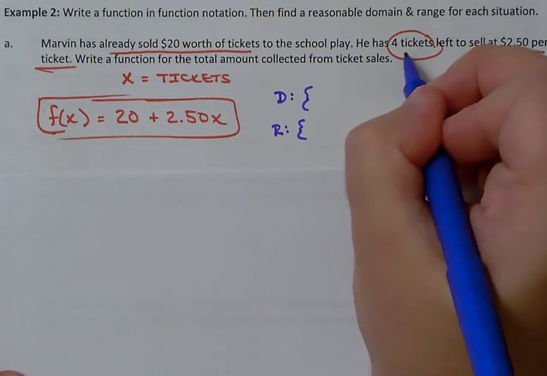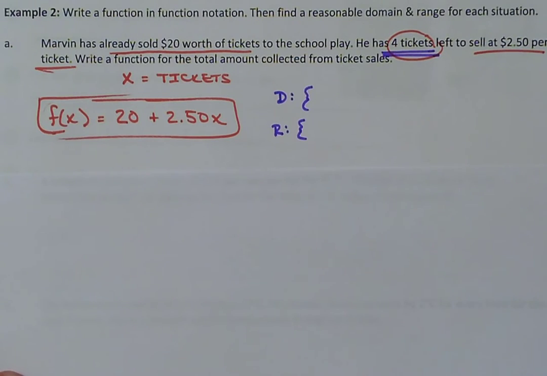Well, Marvin has 4 tickets left to sell. So what's a reasonable number of tickets that he can sell? He could sell all 4 tickets. Could he also sell 1, 2, 3 tickets? He could. So we have to consider all the reasonable amounts of tickets he could sell.